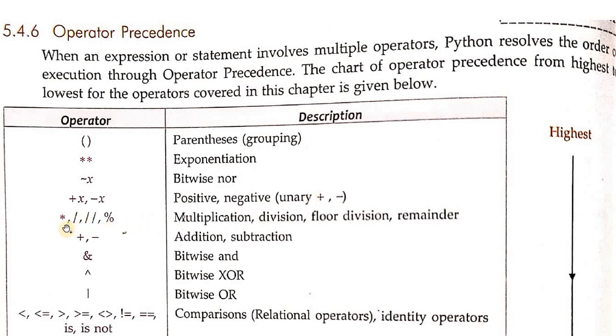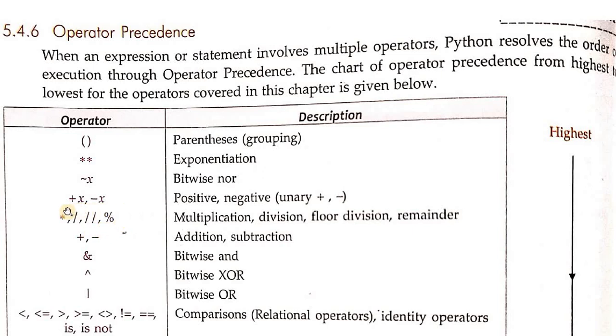Look at the arithmetic operators here: asterisk, division, floor division and modulus. These four operators have the same level of priority. Look here, all are written at the same level. It means all the operators have the same priority.